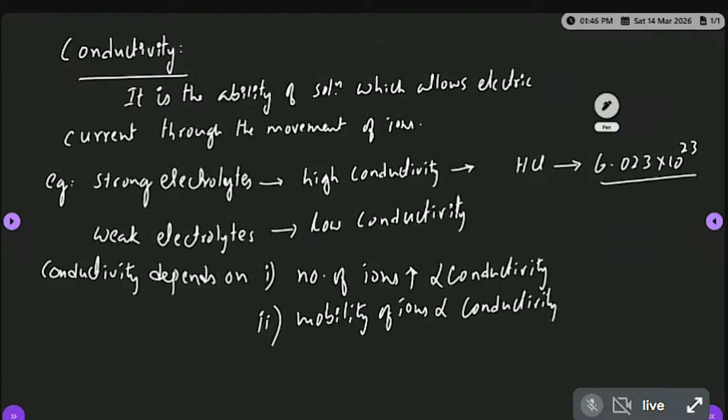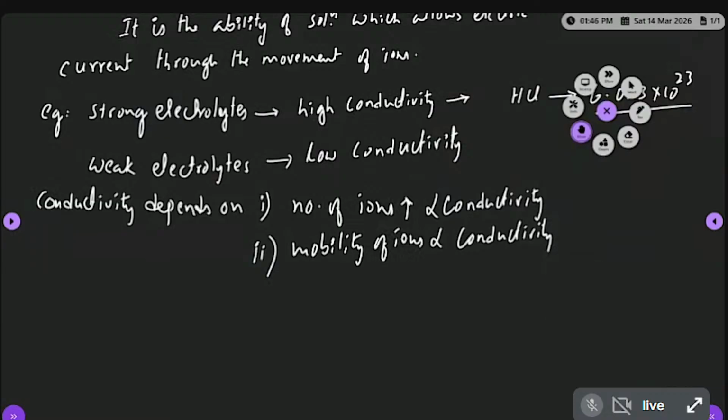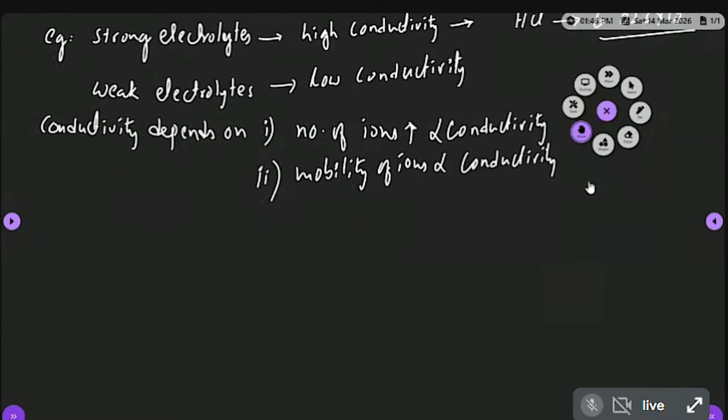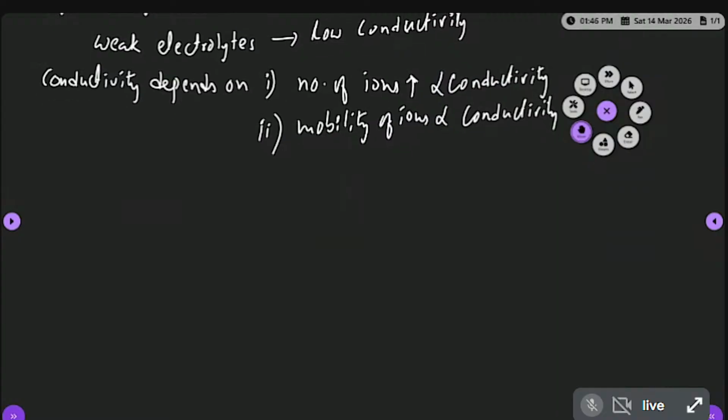And next, the conductivity cell. Okay, what is a conductivity cell? A conductivity cell is an instrument.